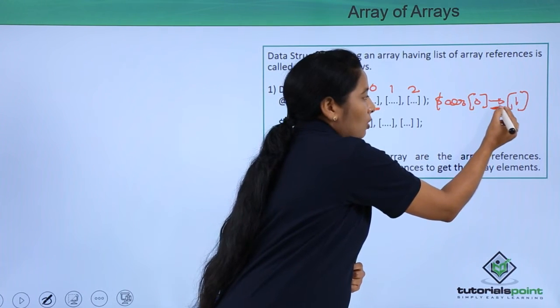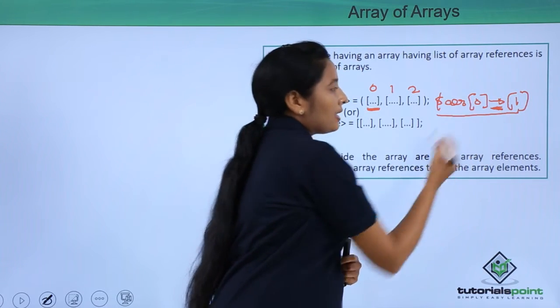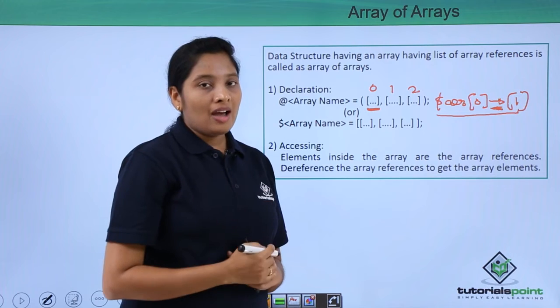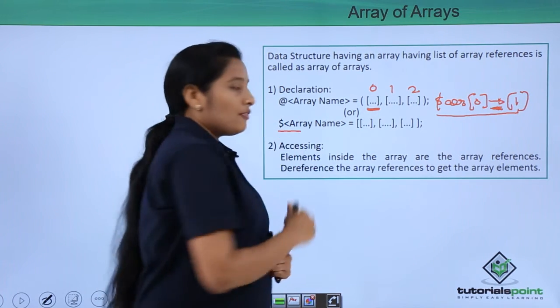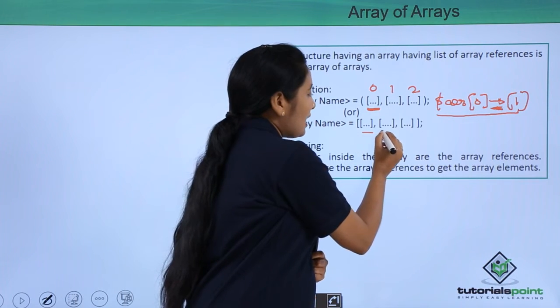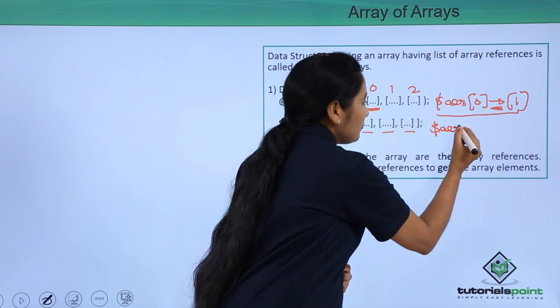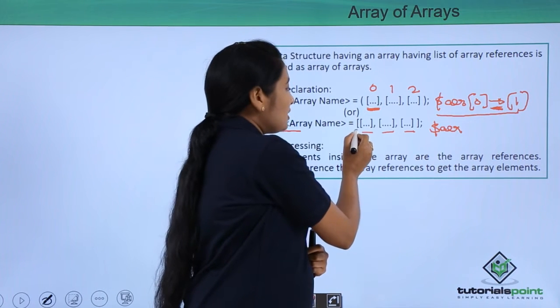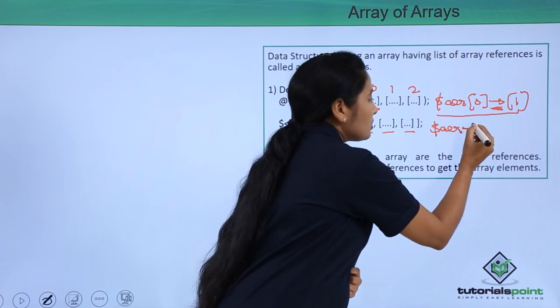Without this arrow symbol also we can access. This is nothing but a two-dimensional array. What if you have an array of arrays created using a reference? To access the elements inside these array references, just give the array name. The array reference starts with a square bracket, that means we have to use an arrow symbol.